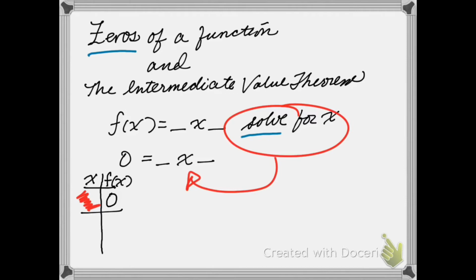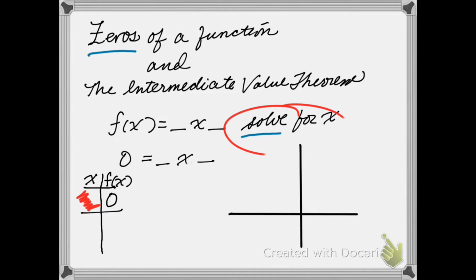Now let's take that one step further. If I have the x value when y is equal to 0, and I look at that graphically, where is that going to be? Like if I had points like that, that point could be some x and then 0, and this could be some other x and 0, and this point could be some other x, 0.